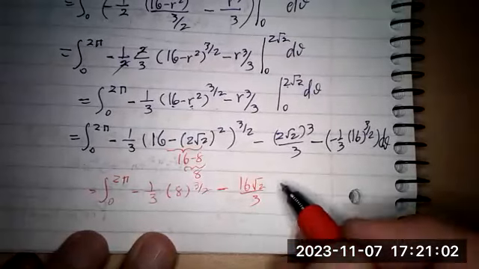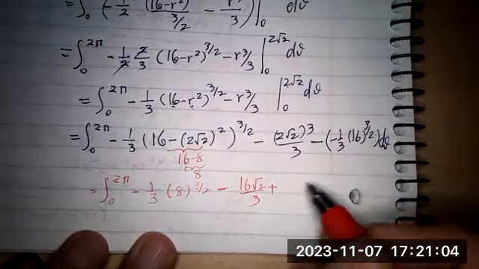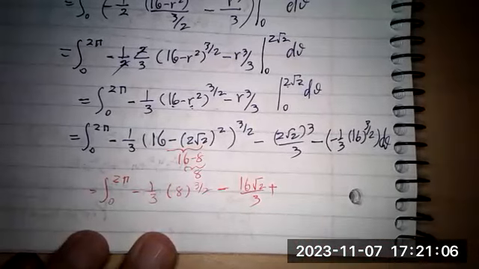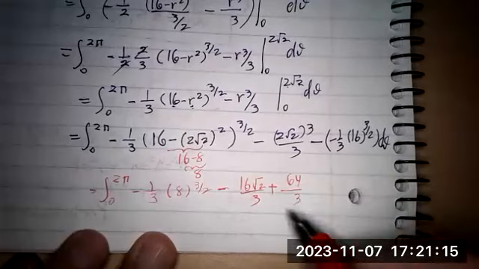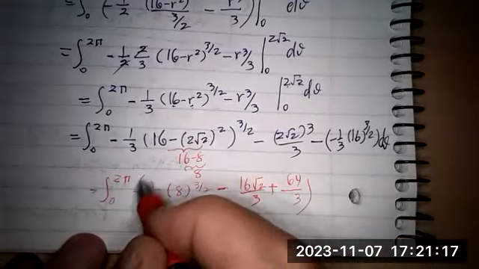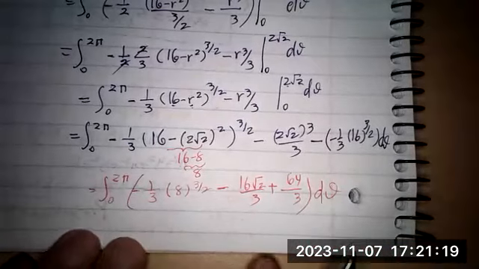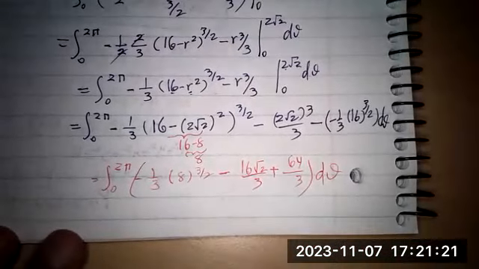That's the one, and this is going to be plus 16 to the 3/2. 16 to the 1/2 would be 4, so 4 cubed, 64. 64/3, and d theta. Okay, it's going to be messy, it's unavoidable for this group of numbers.